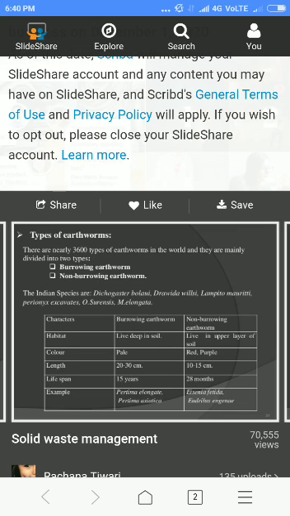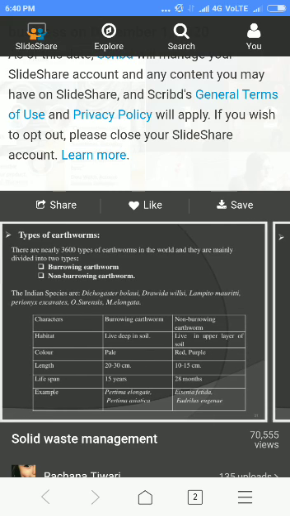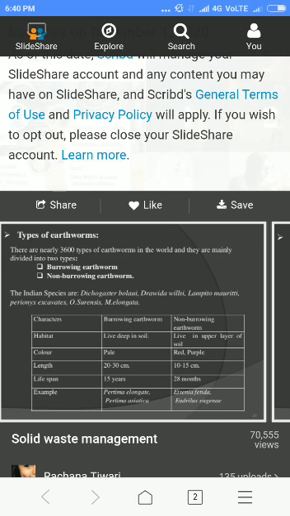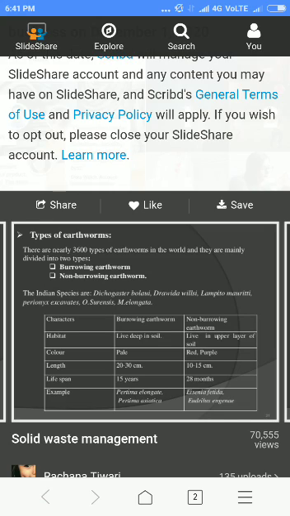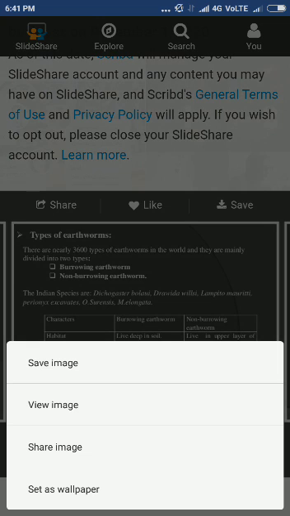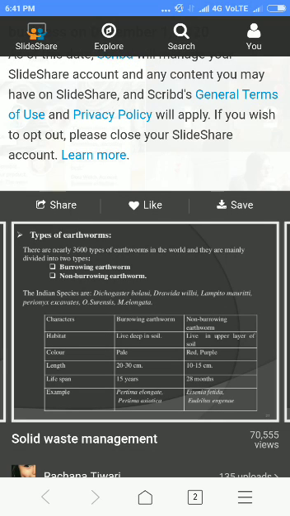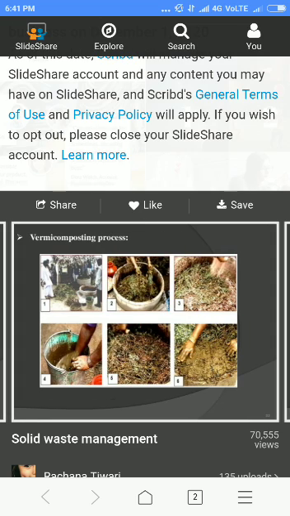Burrowing types of earthworm are pale in color, while that of non-burrowing types of earthworm are red or purple in color. Length of burrowing earthworm is 20 to 30 centimeter, and that of non-burrowing earthworm is of 10 to 15 centimeter. Burrowing types of earthworm have a lifespan of 15 years, while that of non-burrowing earthworm have just only 28 months. And there are various types of species that are suitable in both cases, that is in burrowing as well as non-burrowing types of earthworm as per the environmental conditions.